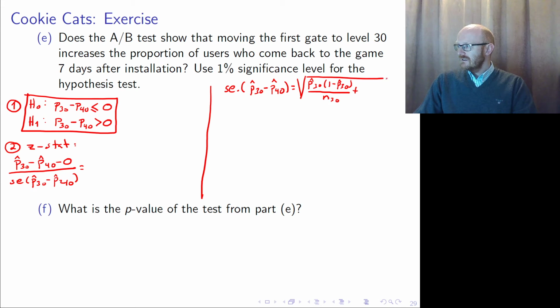This is the proportion variance for this P30 proportion, and we have to add these variances, so we do the same for the proportion variance for the gate at level 40.